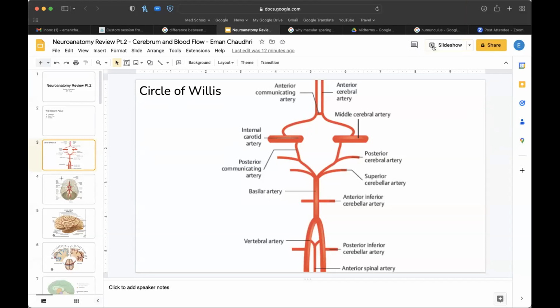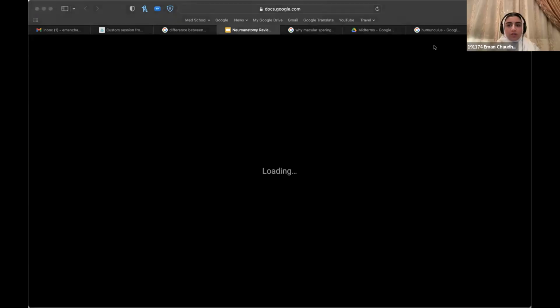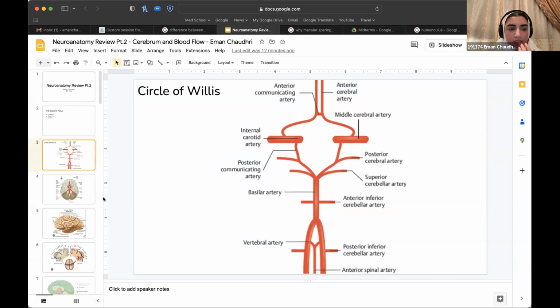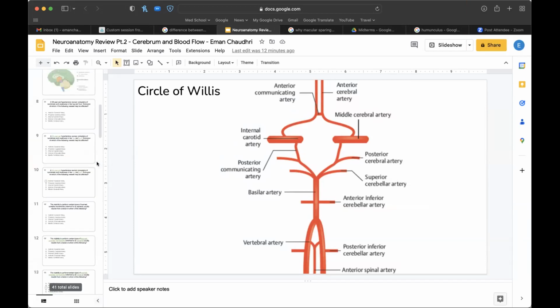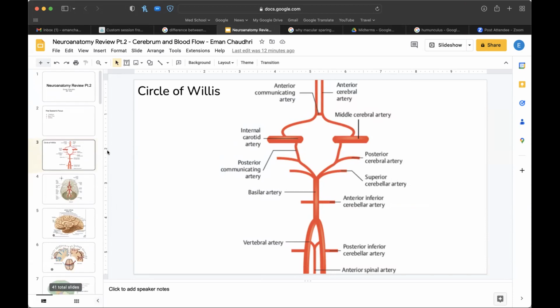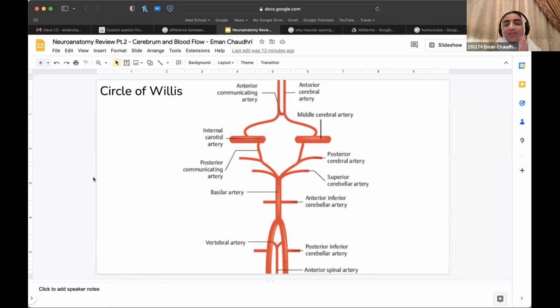Yes. Can you see it when I put on slideshow? Nope. Damn. I guess not. You know what? We're going to keep it like this for now, and I'm going to just beg you guys to not look to the left, because I don't know what else to do. You can drag it to the left. I'm trying. I'm very tech savvy, as you guys can see, at my young age. Anyway, thank you, Nasser. Thank you very much.